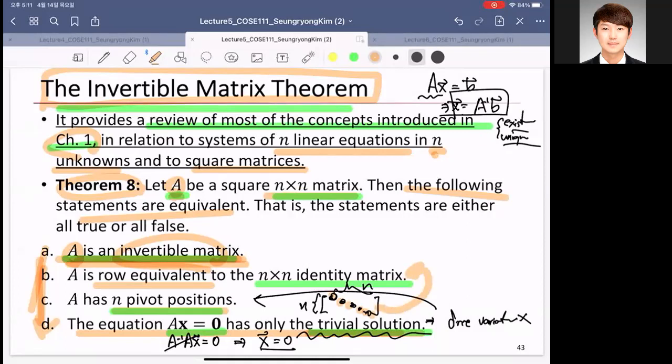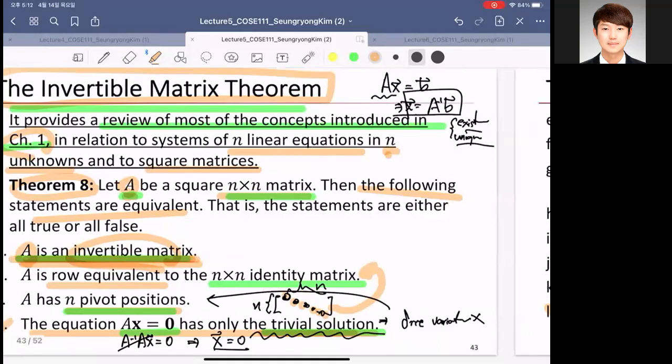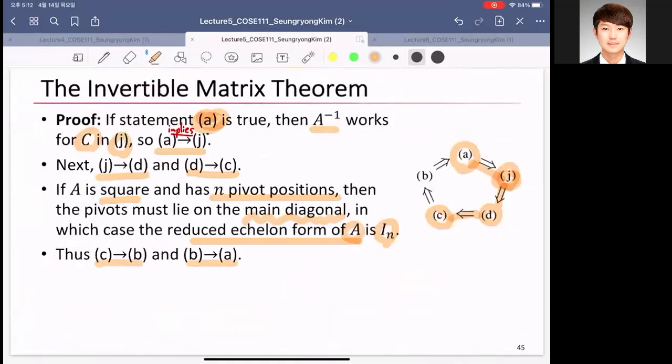So C implies B. And if A is row equivalent to the n by n identity matrix, we already know that A is invertible. So B to A is true. So we can make a circle like this.